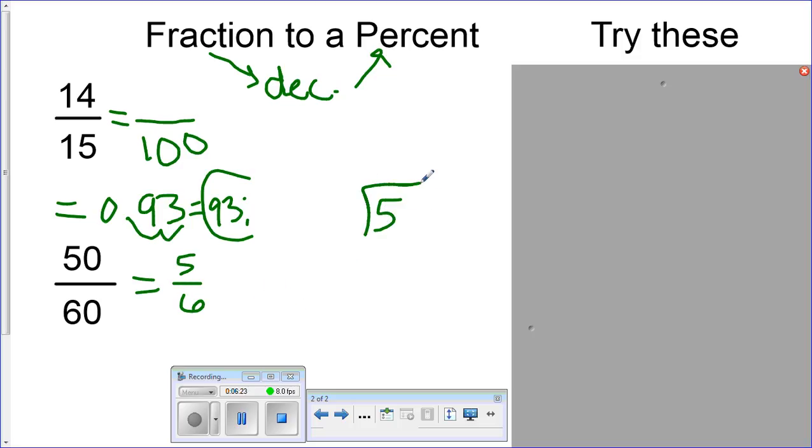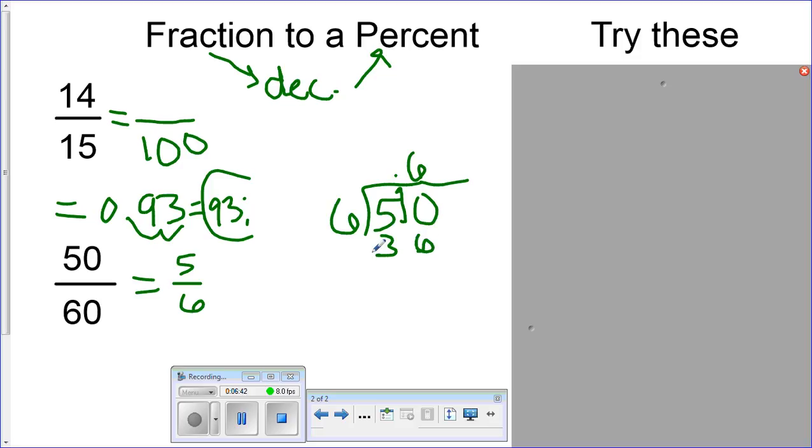5 divided by 6. And as we divide through, 6 does not go into 5. 6 goes into 50 6 times, because that's 36.